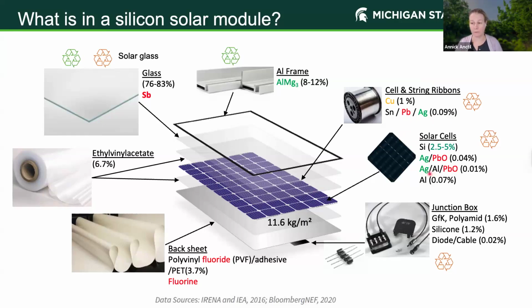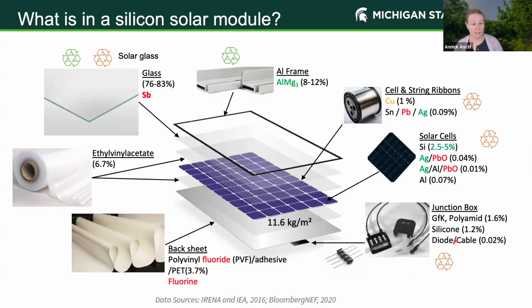In the solar cell, similarly, most high quality solar cells use silver for collecting the electricity. They are moving more and more towards aluminum or other mixes, but there could be a small amount of lead in there, though not all of them contain lead. And then the junction box is pretty standard. It's mostly plastic, diode and cable, so you have a little bit of metal there.